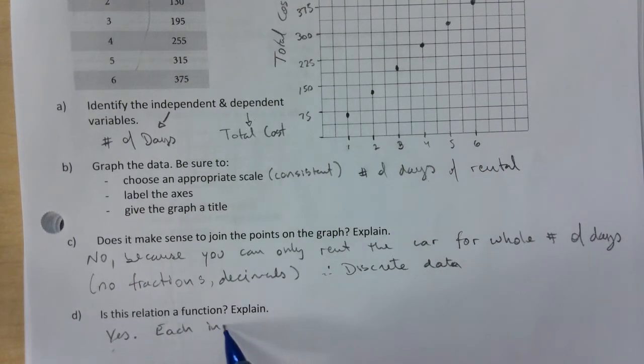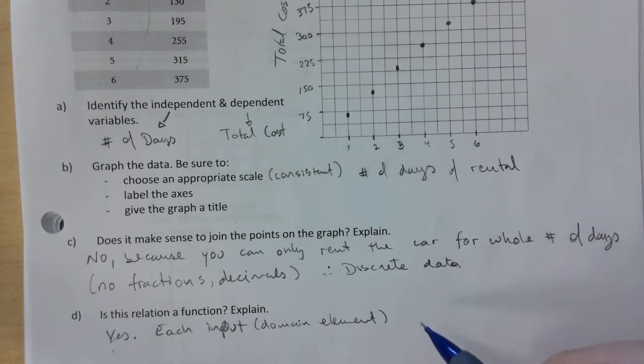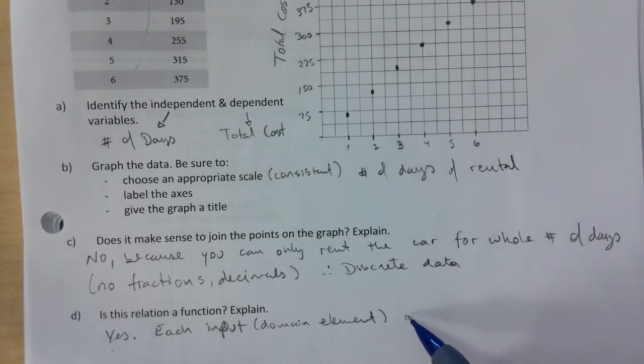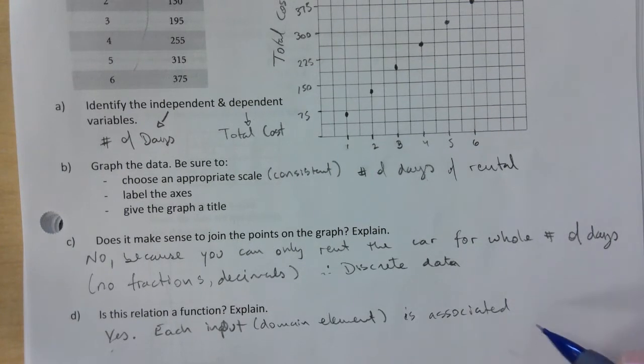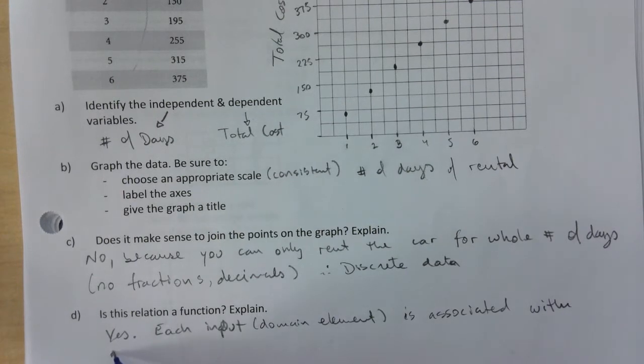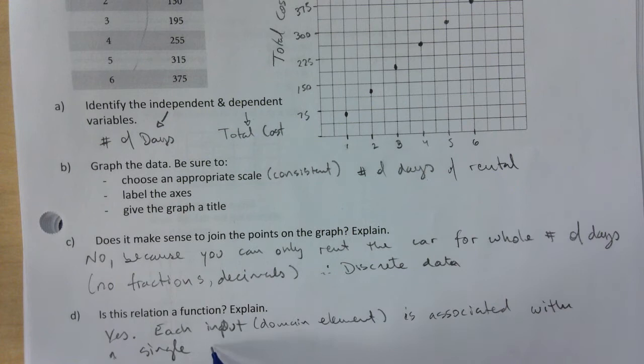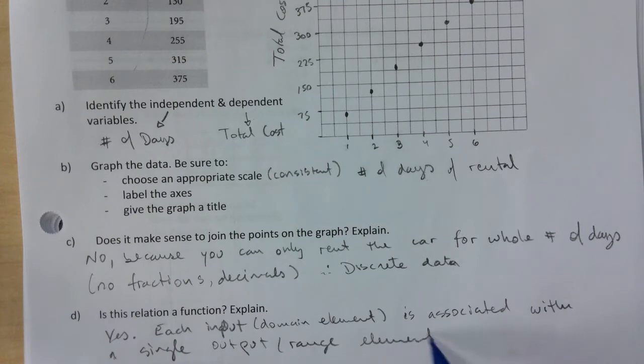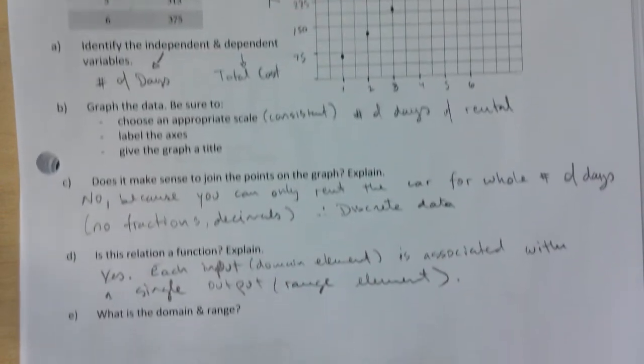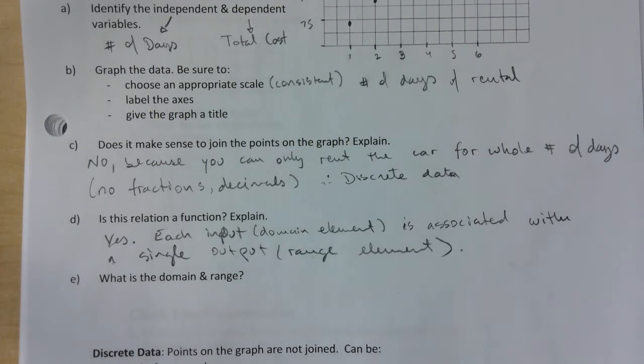Each input domain element is associated with a single output range element. If you said, yeah, because each x value is only pointing to one y value, I would also honor that.